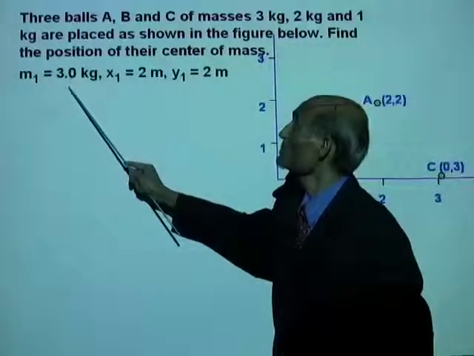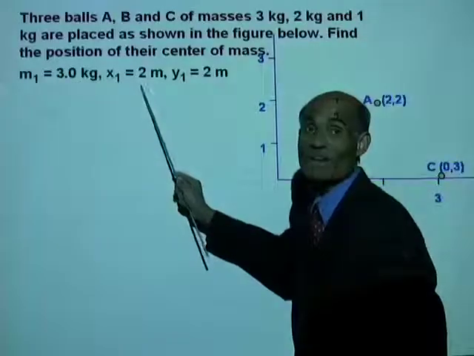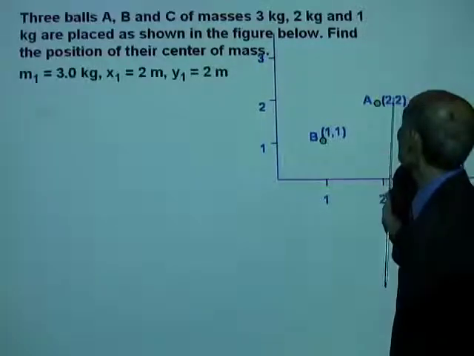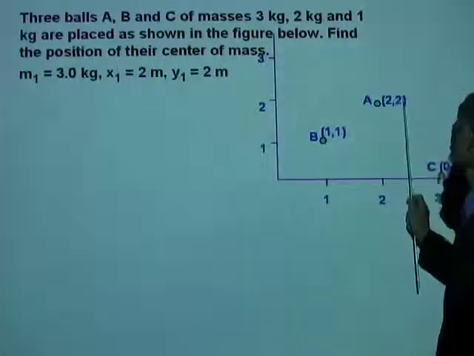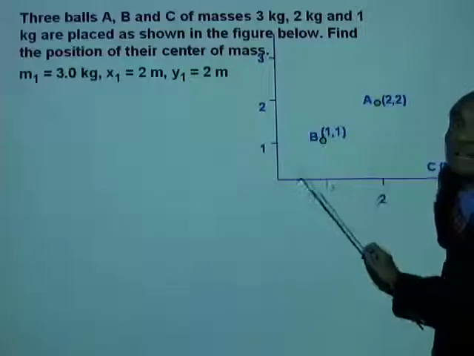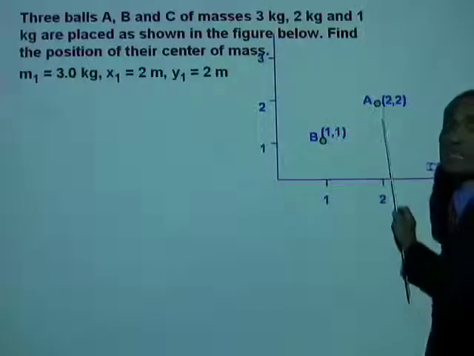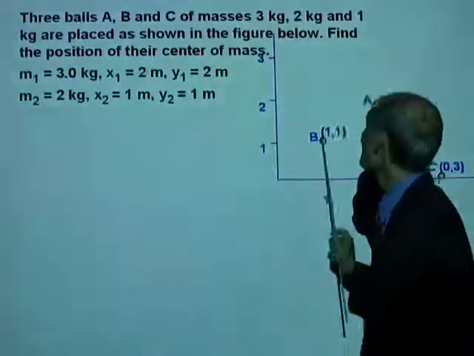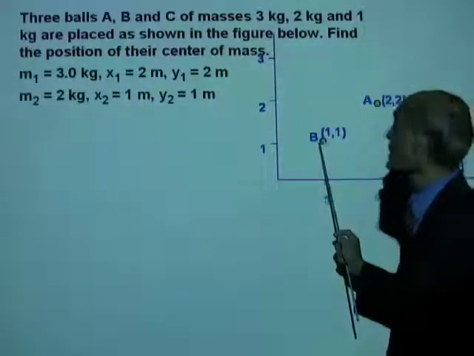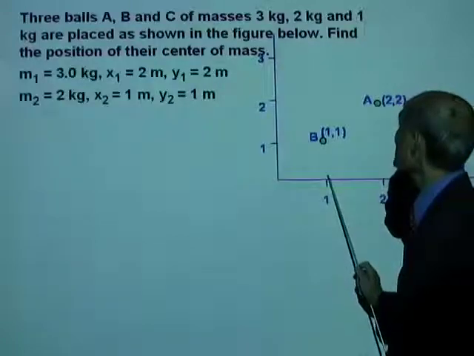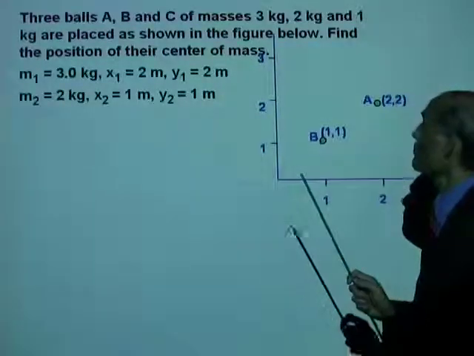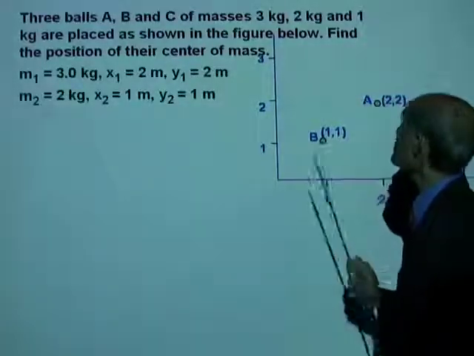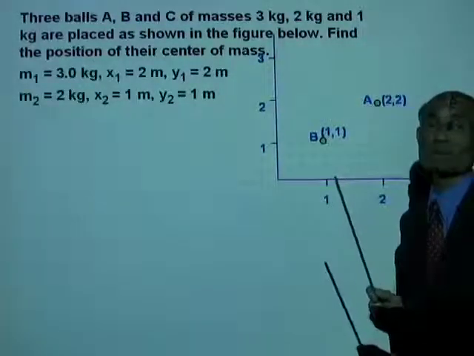m1 equal to 3 kilogram, x1 equal to 2 meter and y1 equal to 2 meter. m2 equal to 2 kilogram at B, x2 equal to 1 meter, y2 equal to 1 meter.